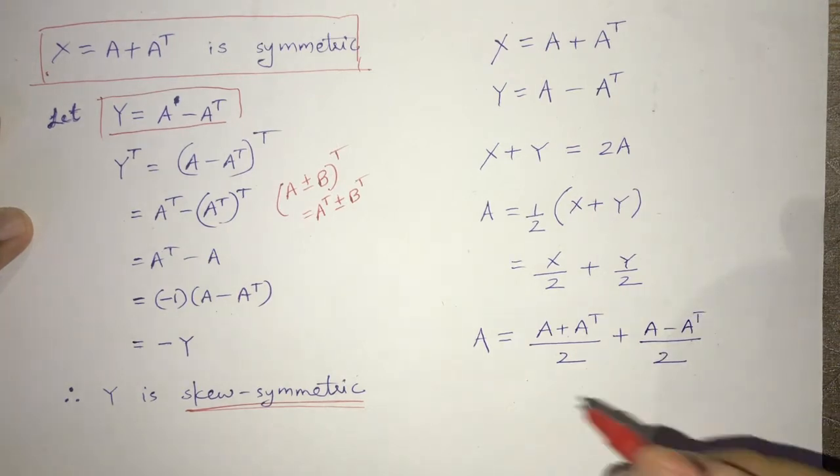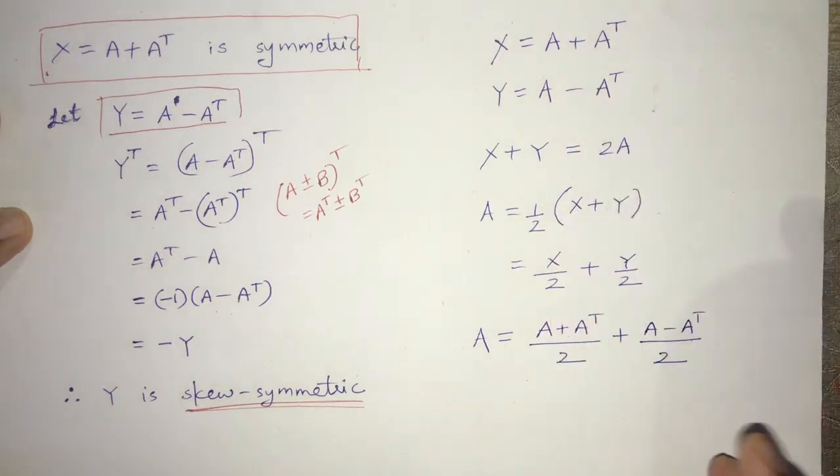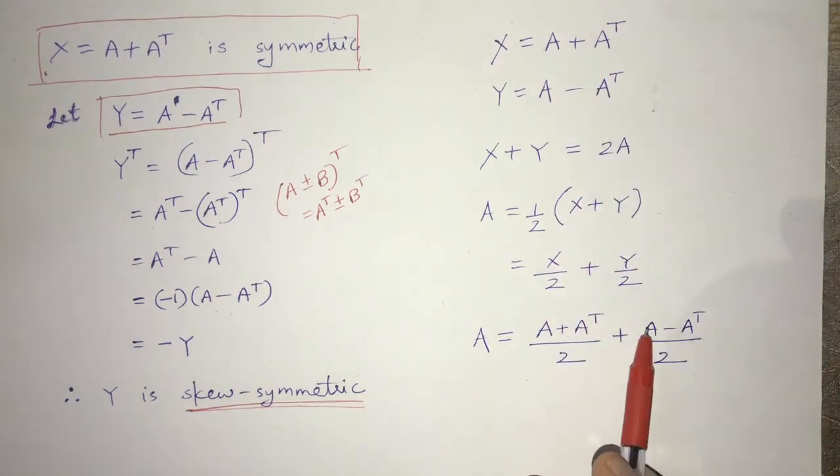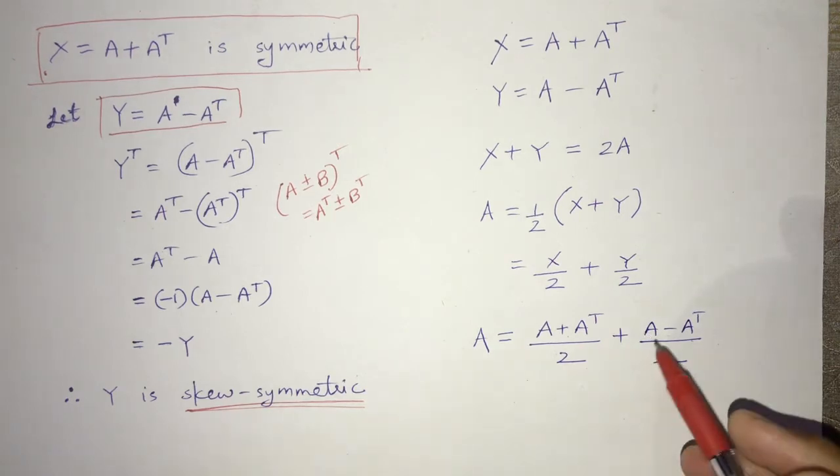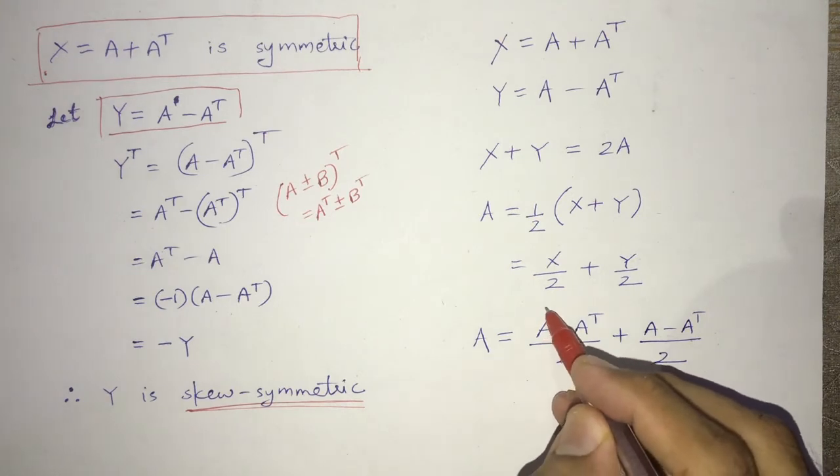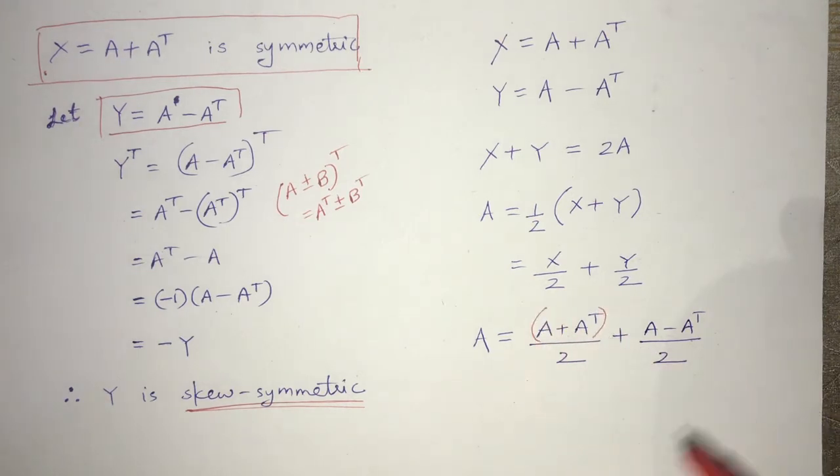Where the first one, X, if X is symmetric, then you divide by 2, you multiply by k, it doesn't matter, it remains symmetric only. So a division by half will not create any problem. You just focus on this. A plus A transpose is going to be the symmetric matrix.